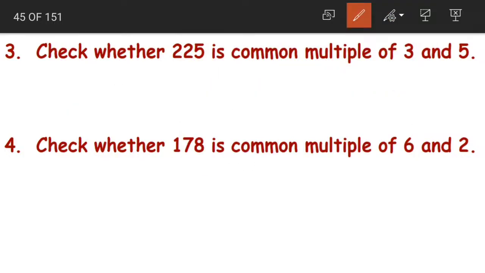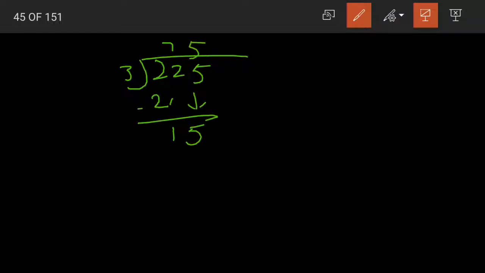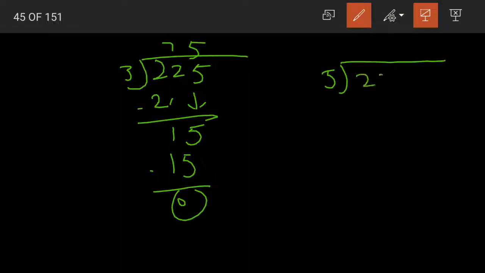Or you can go the regular way, that is first divide by 3. We have 3 7s are 21. When we subtract, 1 is remaining, 5 brought down. 3 5s are 15. When we subtract, 0 is our answer. The other number was 5. We have 5 4s are 20.